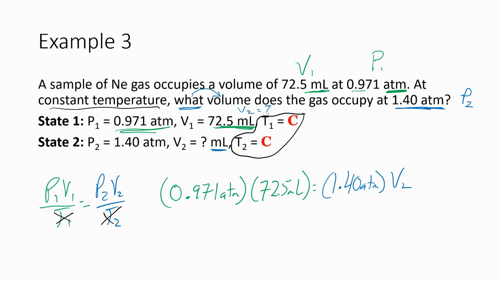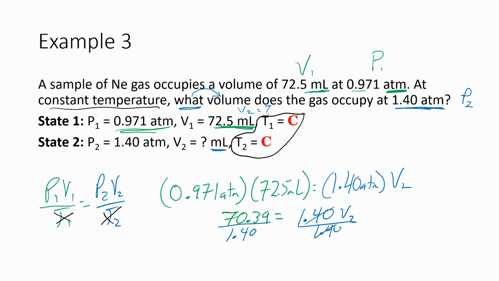Multiply the green things, 0.971 times 72.5 is 70.39. So 70.39 is equal to 1.40 V2. So in order to isolate this variable, we need to divide by 1.40 on both sides.